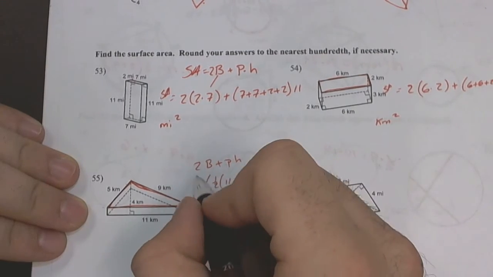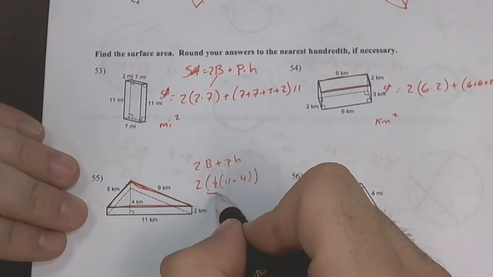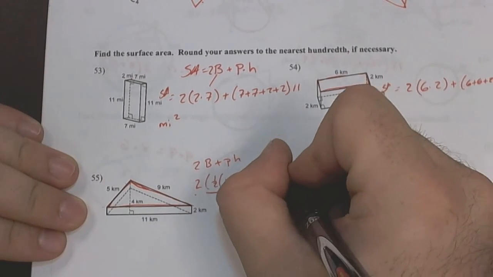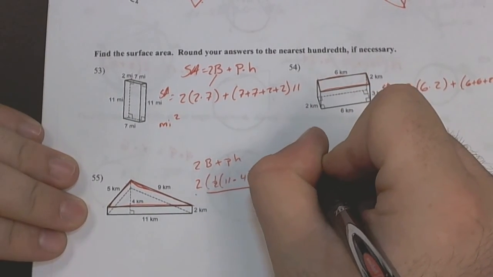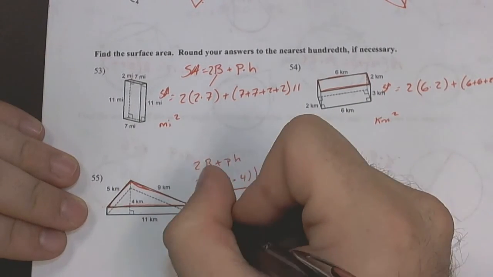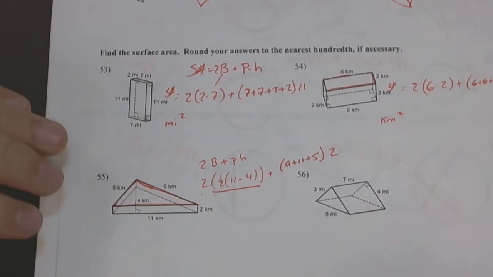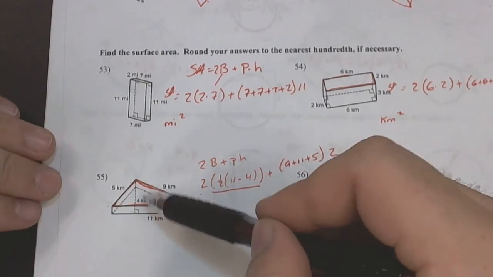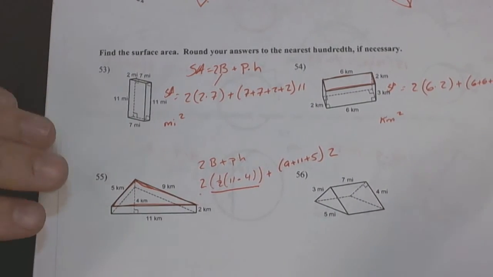Okay, so there's my base. I've got 2 of those. Area of the base times 2 plus the perimeter, 9 plus 11 plus 5, times the height of that, times 2. There's your setup for the surface area of this right prism.